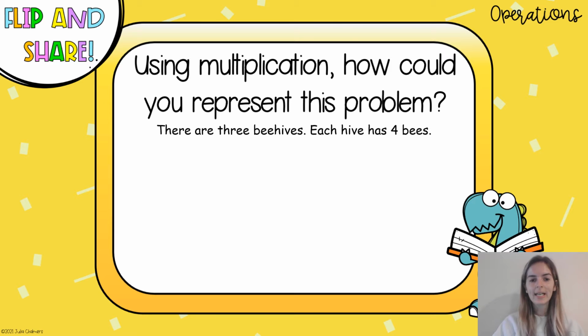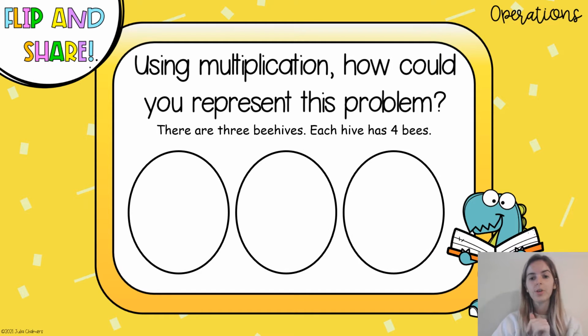Okay, so let's do it together. There are 3 beehives and each hive has 4 bees. So first of all, I'm going to get my 3 beehives, which are my 3 groups. So there's 1, 2, 3. So there's my 3 groups and that represents my 3 beehives.